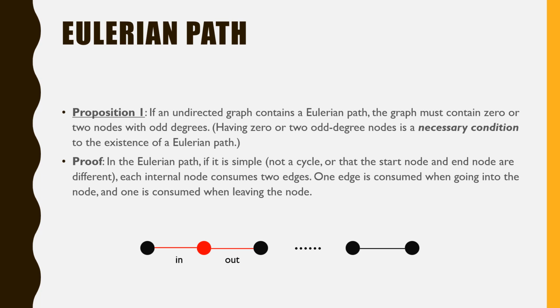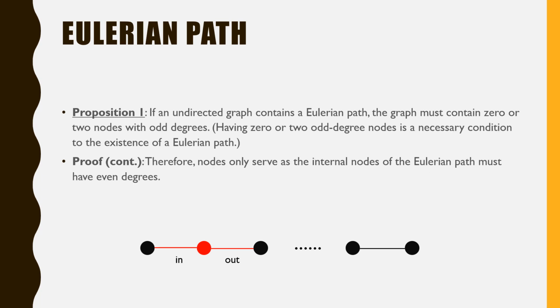For example, as shown in the path below, passing the red node consumes the two red edges connected with that node. So, the degrees of nodes that are included as the internal nodes of the path must be even, since their edges are consumed in pairs.